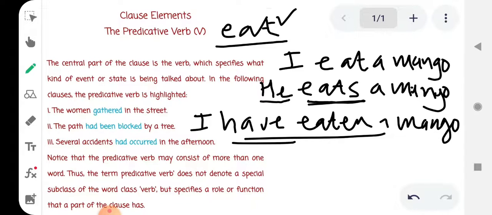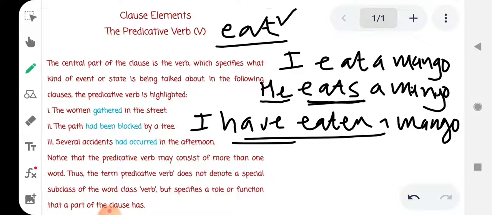We can go further and notice the verb takes different forms according to the person, tense, aspect, and passive or negative.